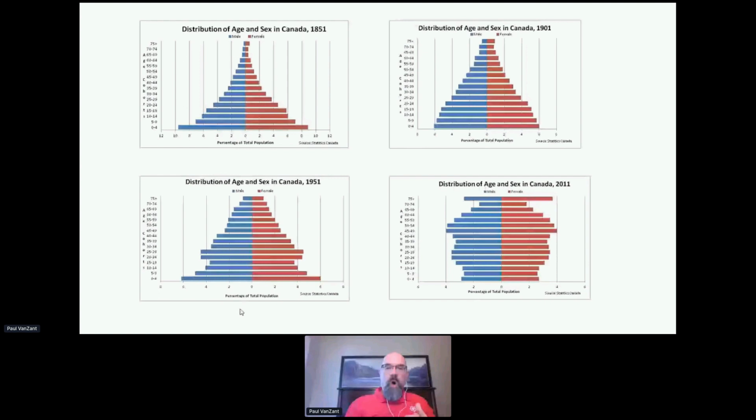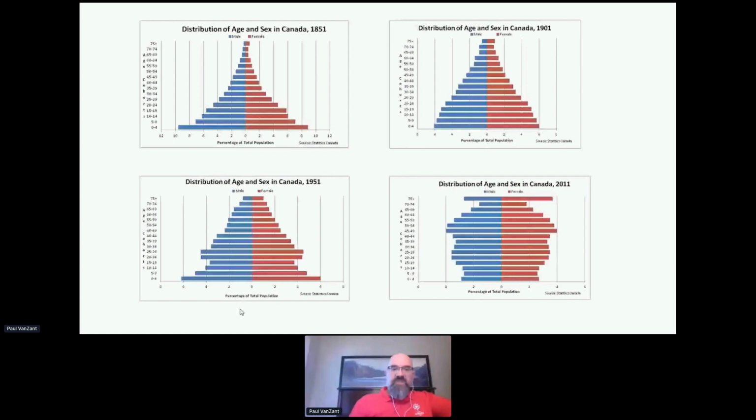Why are we seeing such large birth rates in 1851 and such high infant mortality rates then, compared to later times? What has changed in our society? And so I think this is a great way of examining a graphical form here and being able to encourage the students to read those as we would any other text.